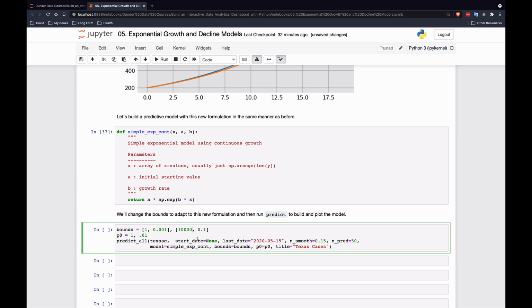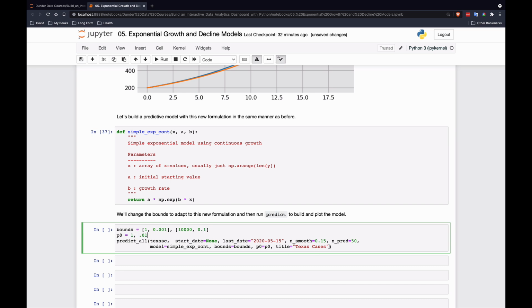So the initial starting value is between 1 and 1,000, the growth rate will be between 0.001 and 0.1, and then here is our initial guess.